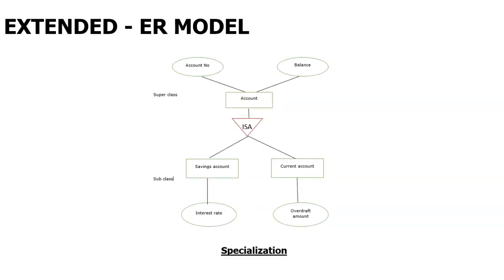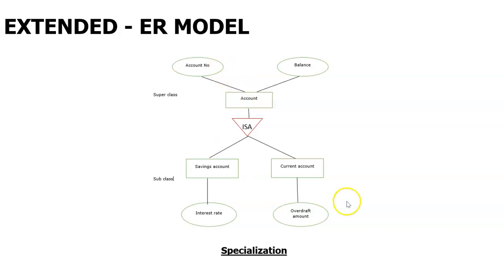Next, see here. I have an account, that is an entity. This is top-down, so we have to start from the top. When you have an account, you have the specializations of it. The account is a general thing, right? In the account we have two different specializations: the savings account and the current account. We say that the account is specialized into savings account and current account, and each entity will have its own different attributes as well.